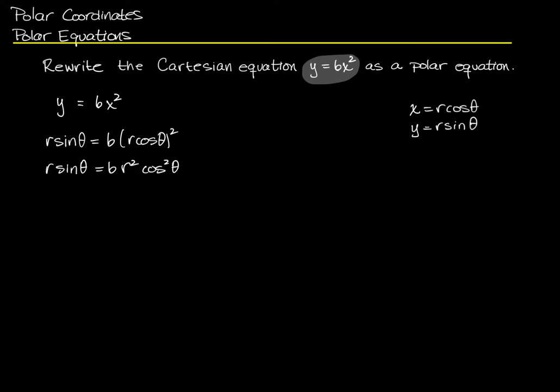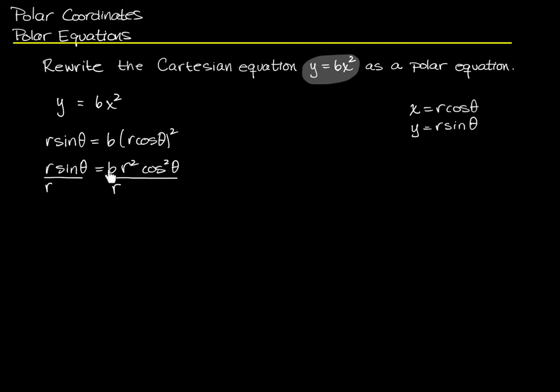Now, I want to write this in terms of r, so I want the r by itself. When I divide both sides by r, I'm not going to have an r left on this side, but I am going to have an r left on this side. So I'll start by dividing both sides by r. In your textbook, they also make a note that the only r left is going to be the one on this side, and we want that to be by itself.